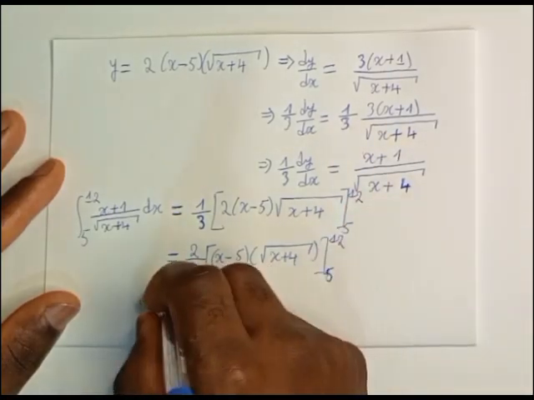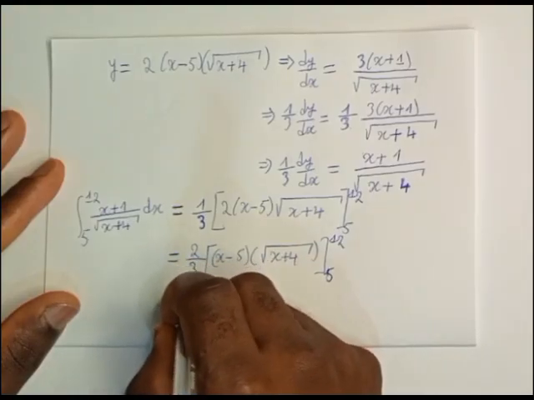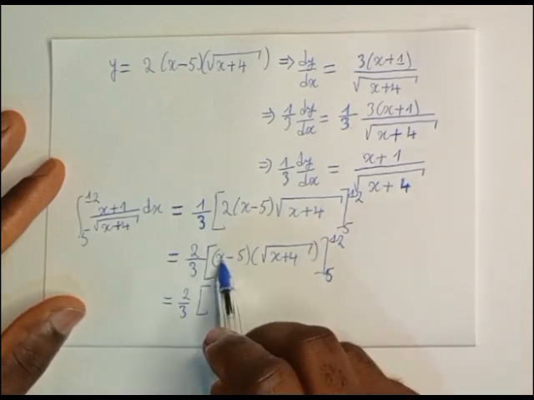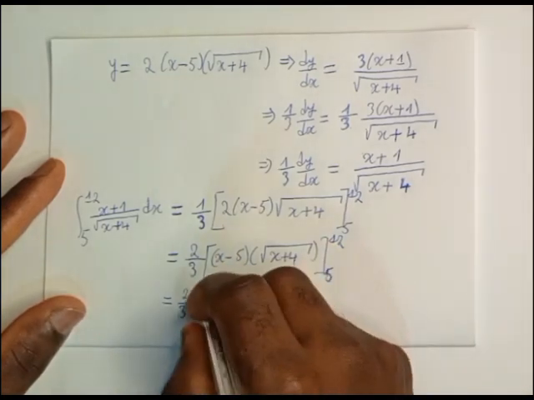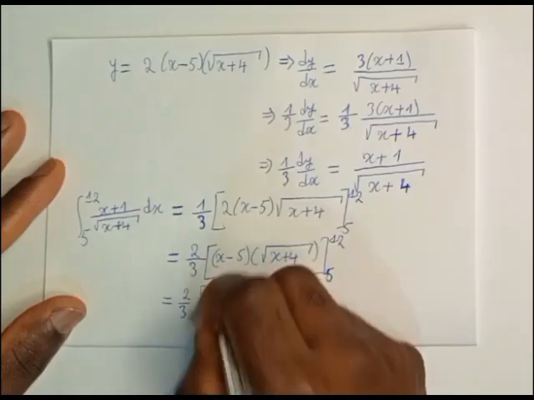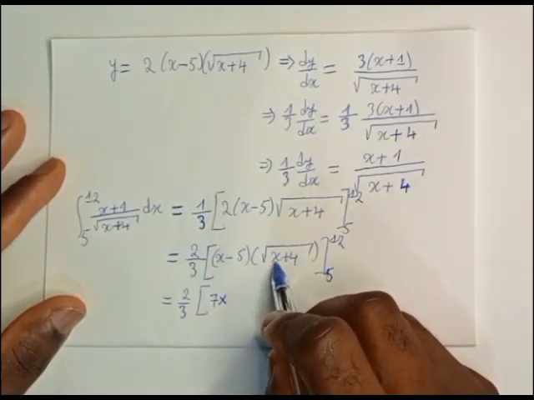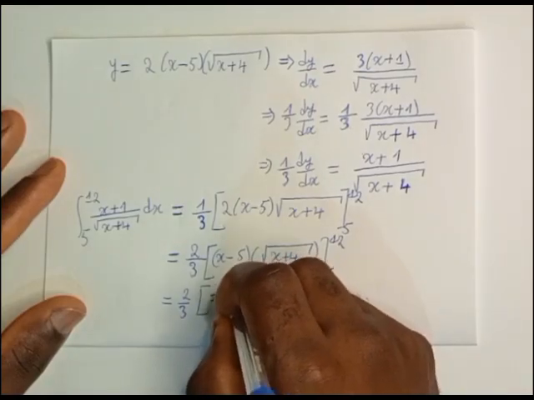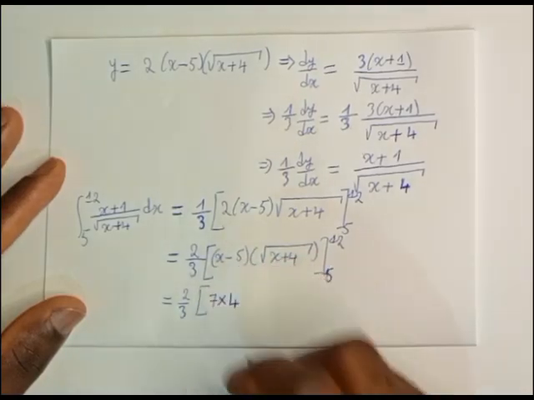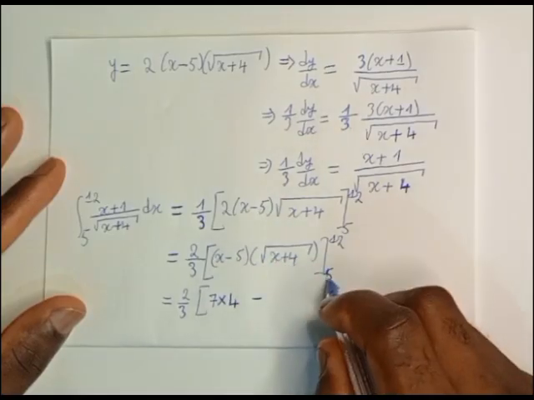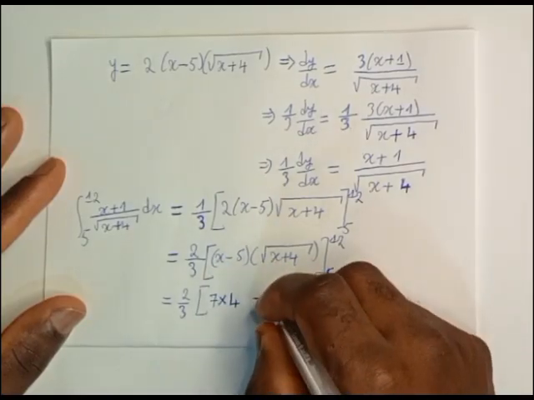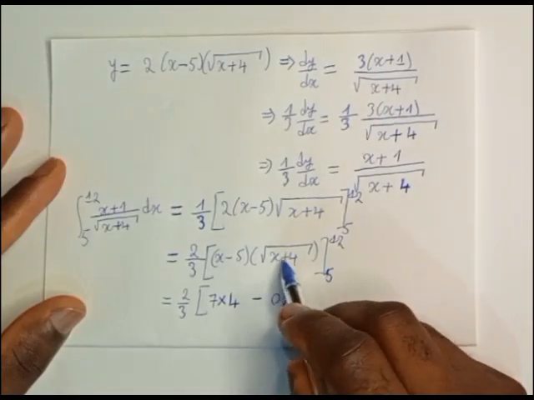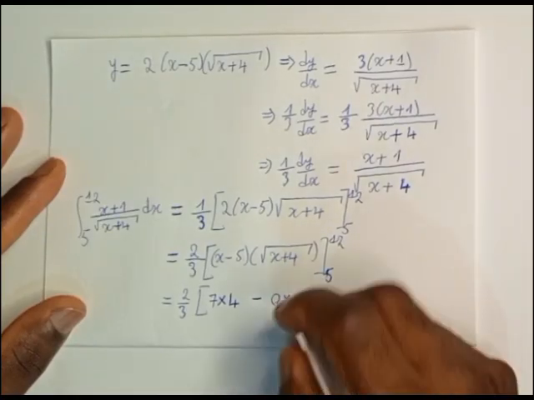This will be equal to 2/3 times, if we insert the upper limit, which is 12, 12 minus 5 gives us 7 times 12 plus 4 gives us 16. The square root of 16 is 4, minus, we insert the lower limit, 5 minus 5 gives us 0 times the square root of 5 plus 4 gives us 9. The square root of 9 is 3.